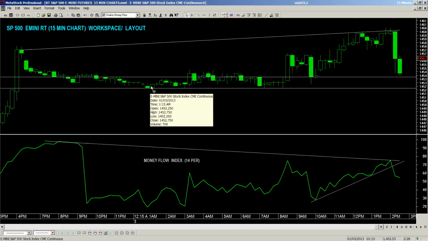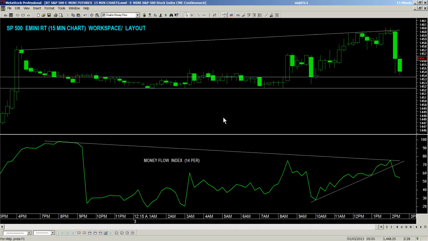Again, laid out by these two bars right here, the level specifically as laid out by the open of 1/3/2013 at the 1:15 a.m. bar. Trendline break on money flow to the downside after the negative divergence.